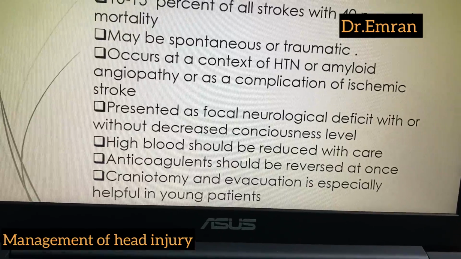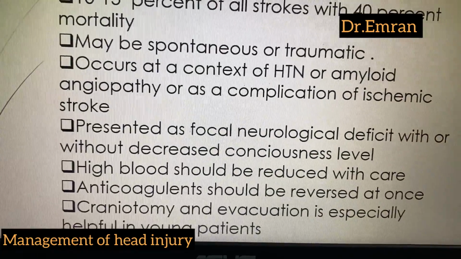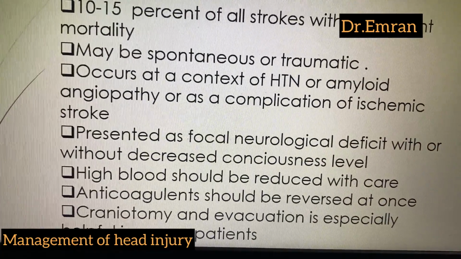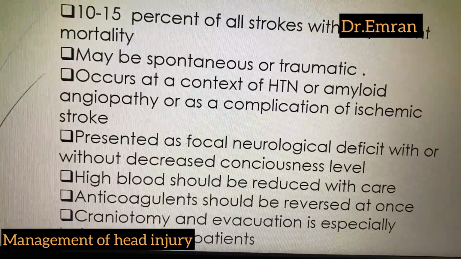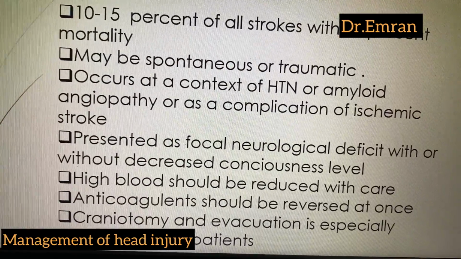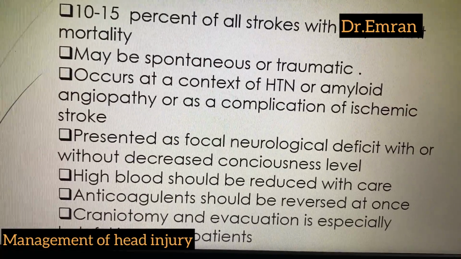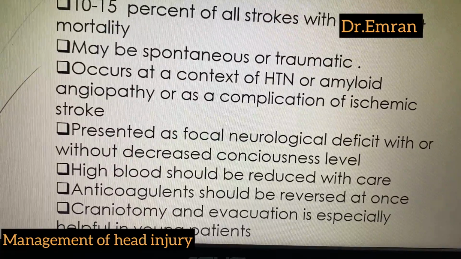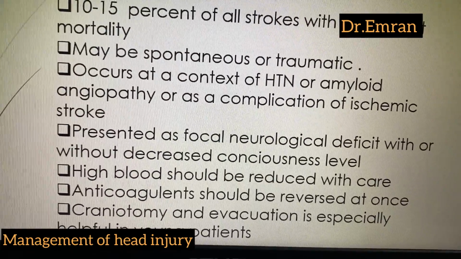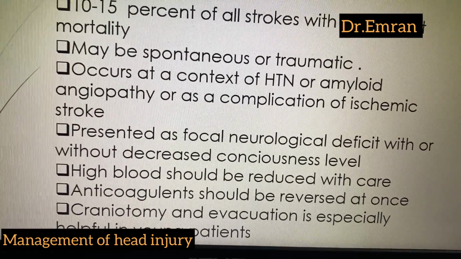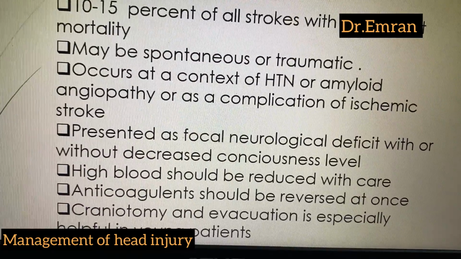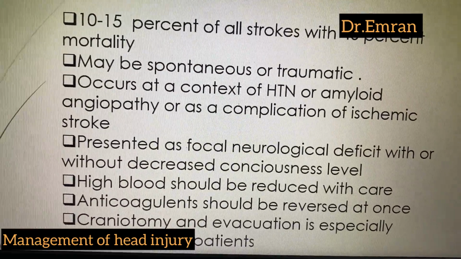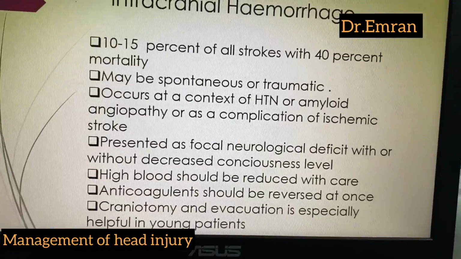High blood pressure should be reduced with care. Anticoagulant should be reversed at once. This is a very important part. Anticoagulant should be reversed at once or stopped. Craniotomy and evacuation is specially considered in young patients, not all patients.